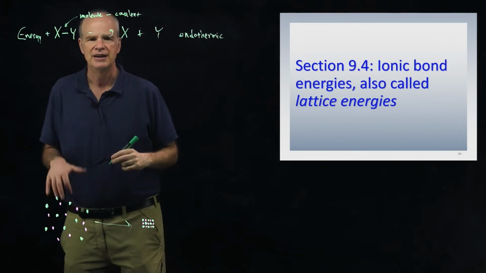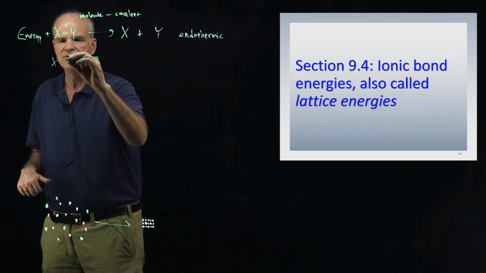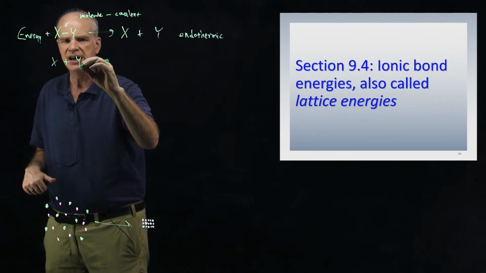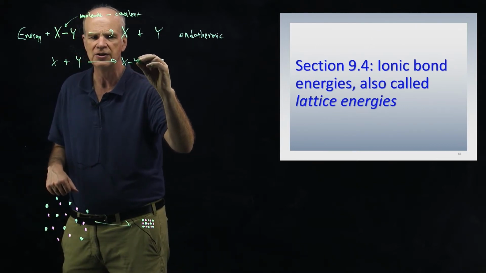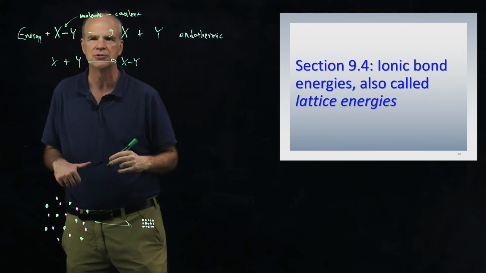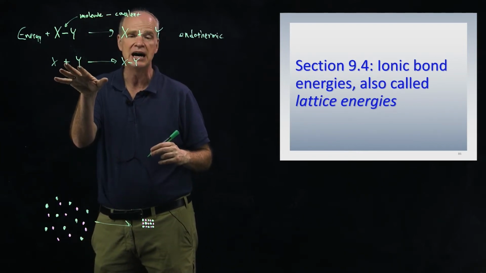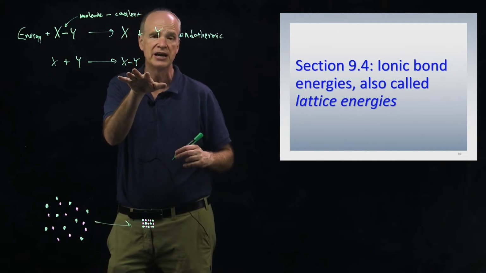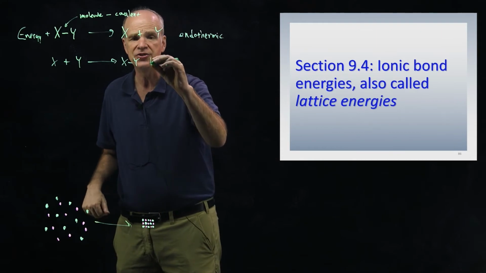Now, like I was saying before, if you have the free atoms in space and you were to bring them together to form a covalent bond, this is the opposite process. Free atoms have relatively high potential energy, but when they're bonded together, they have relatively low potential energy, so that extra energy is released.